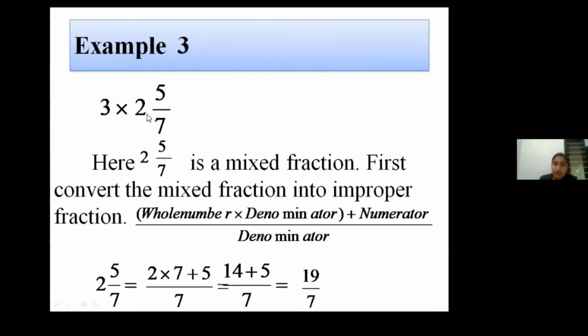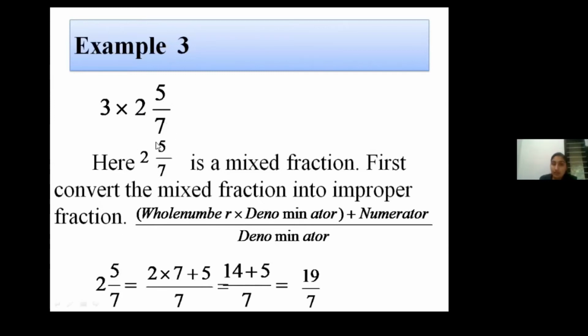A mixed fraction is a combination of a whole number and a proper fraction. Here the whole number is 2 and the proper fraction is 5 by 7, with numerator 5 and denominator 7.